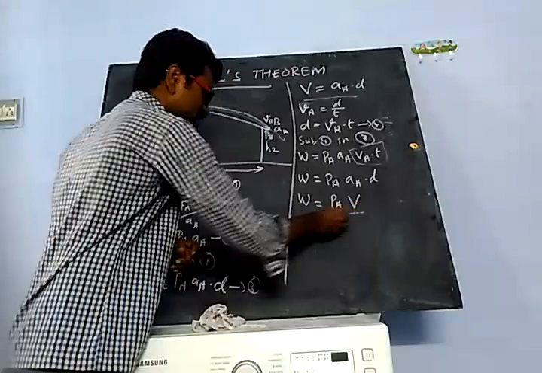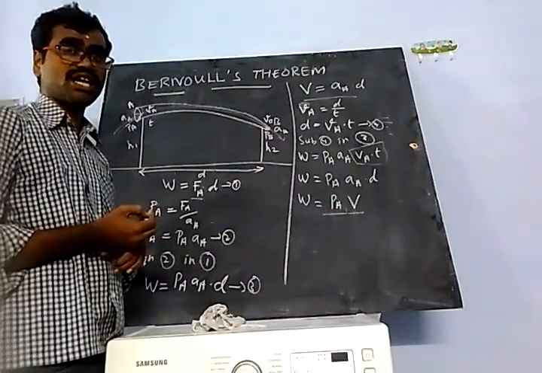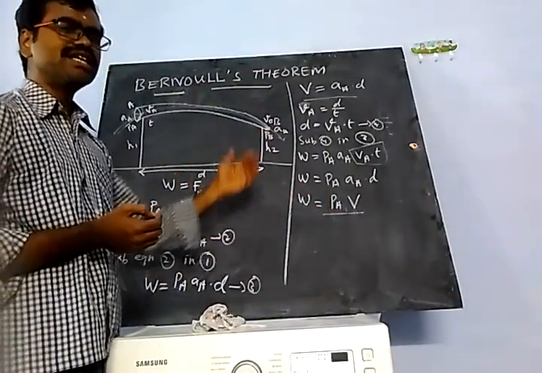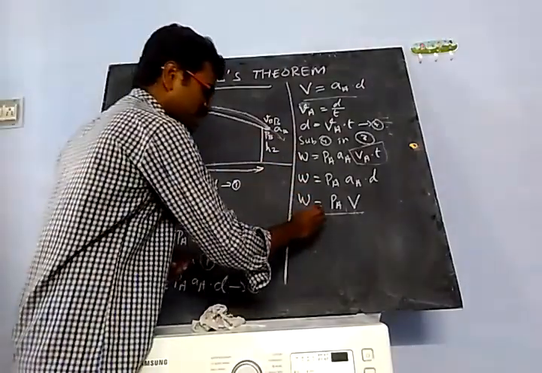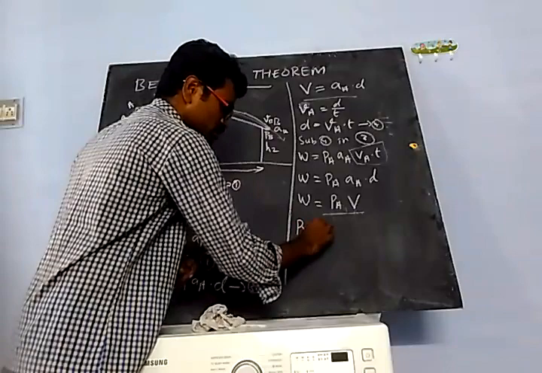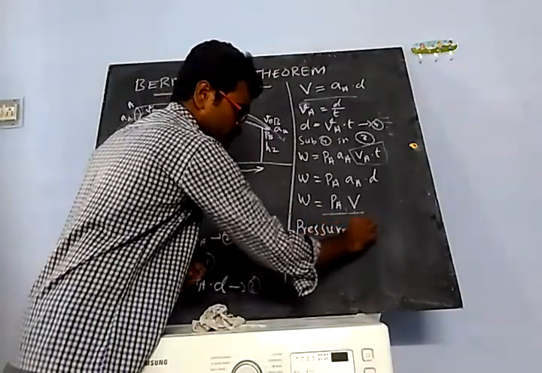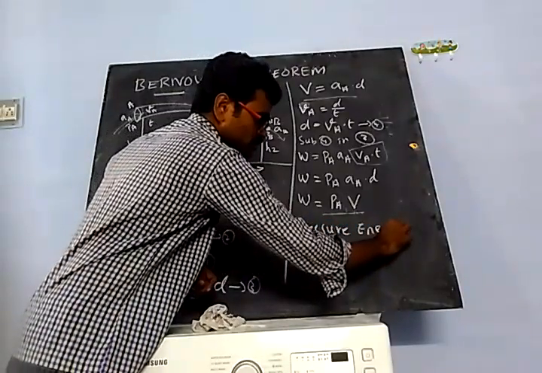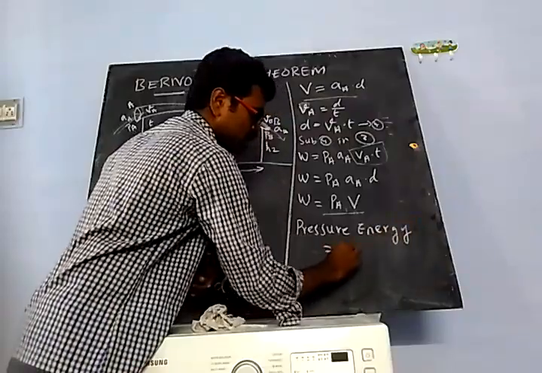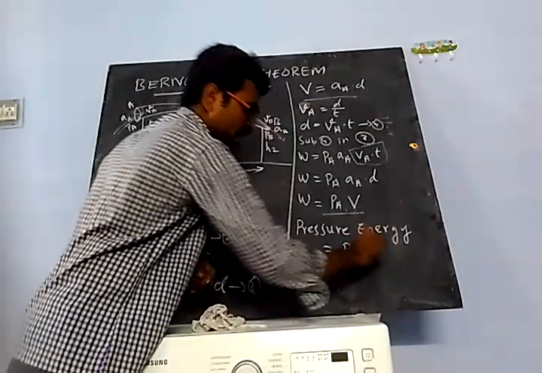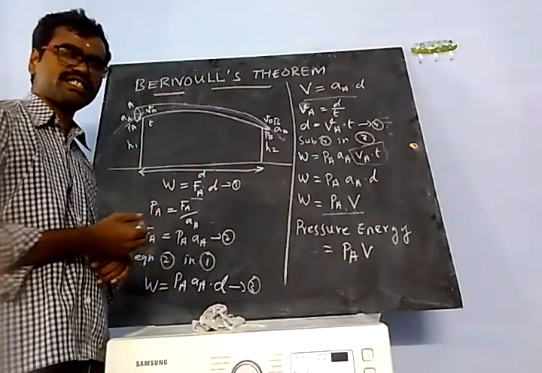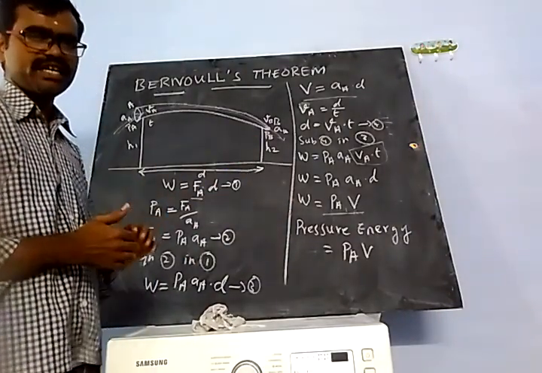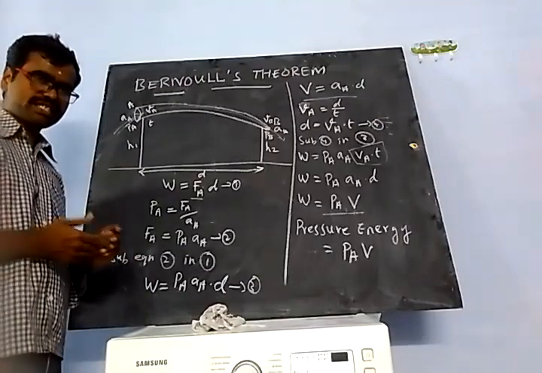What is this called? You already know that this is known as pressure energy. So pressure energy is equal to P_A into V. Okay, do you understand?